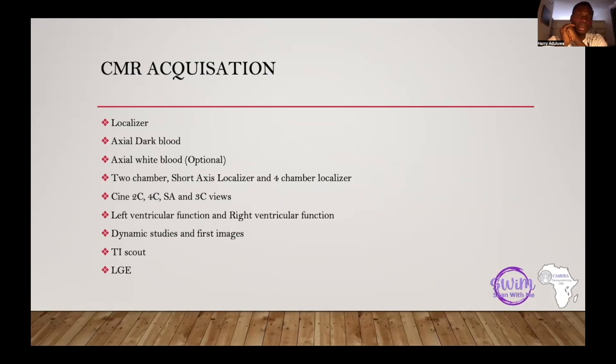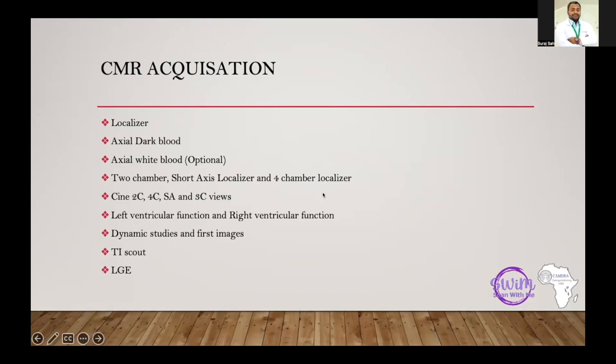These are very simple sequences that you can close your eyes and run through in the hospital and get your stuff going. So you run the localizers, you do the axial. The dark blood practically helps us to reduce signals from blood, so that we can see the cardiac tissues and blood vessels very well. So we can plan our two chambers, our short axis, and then the four chambers very well.